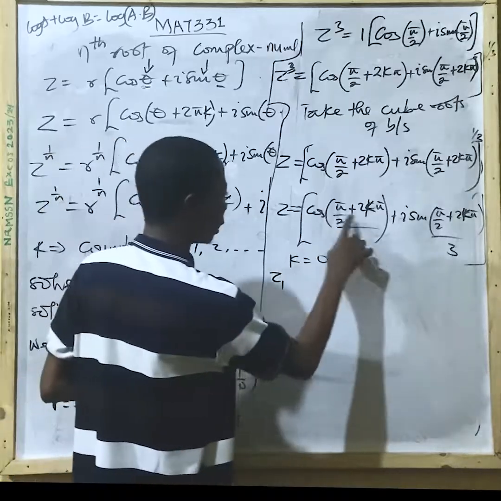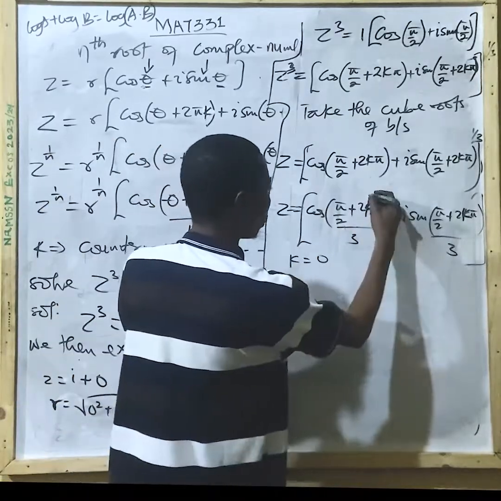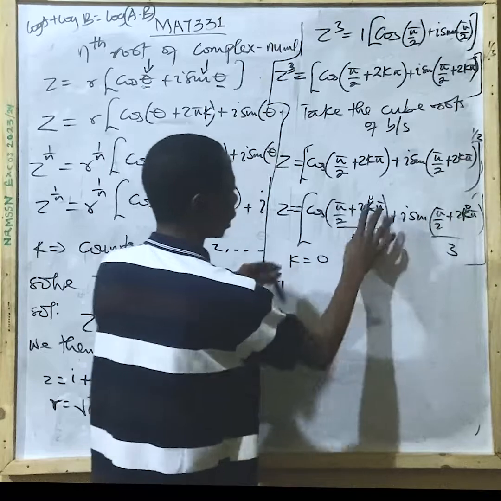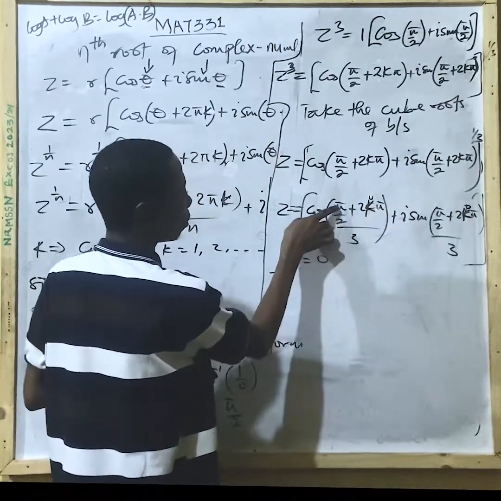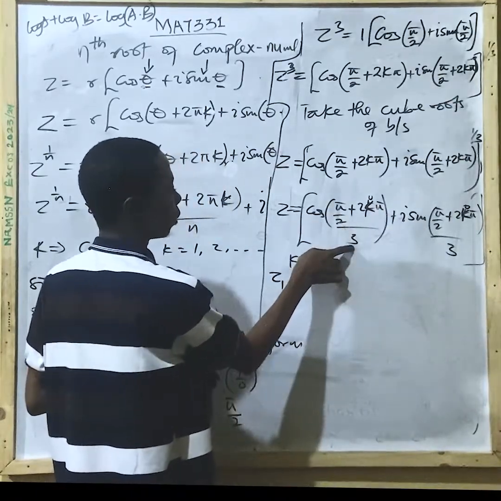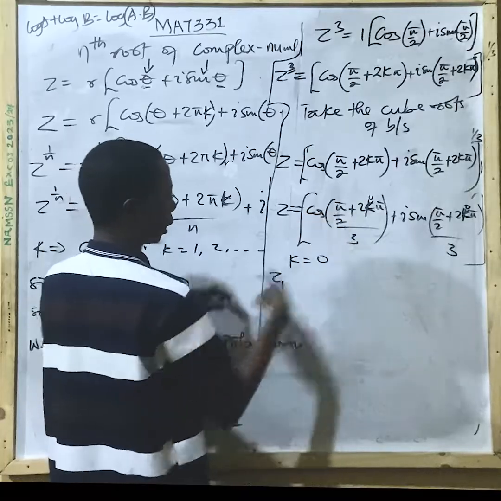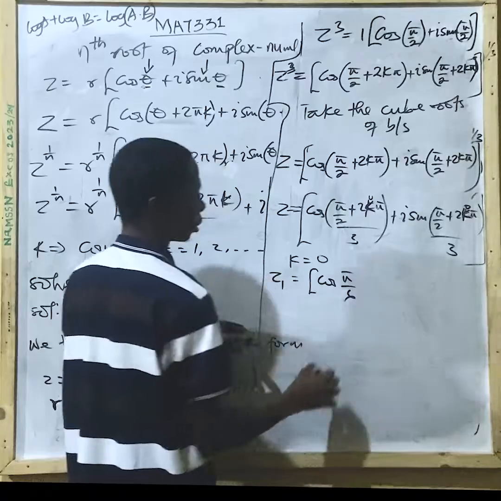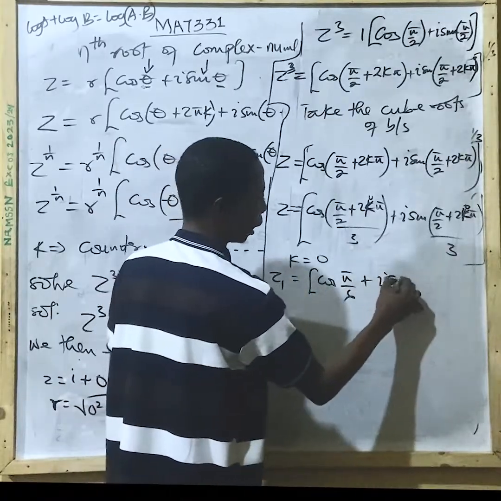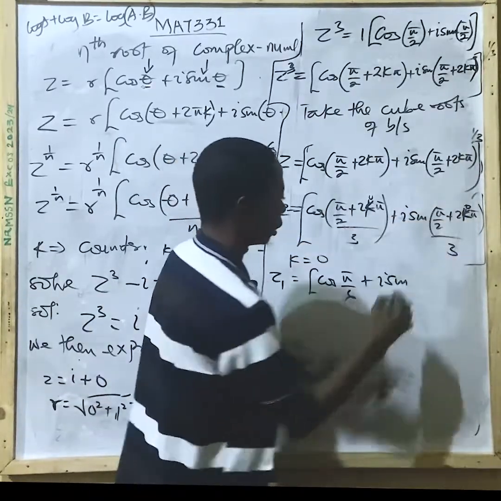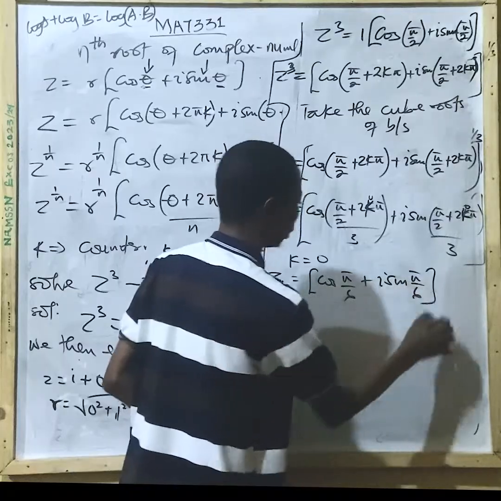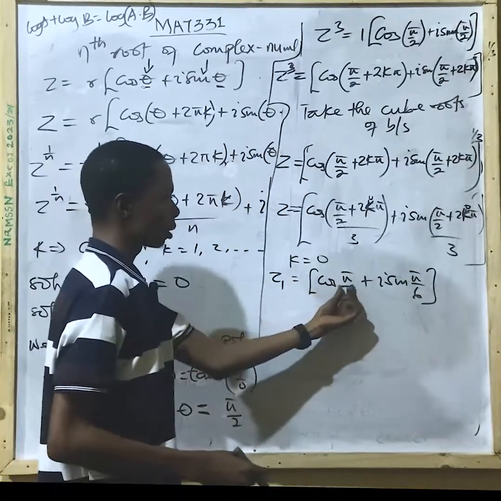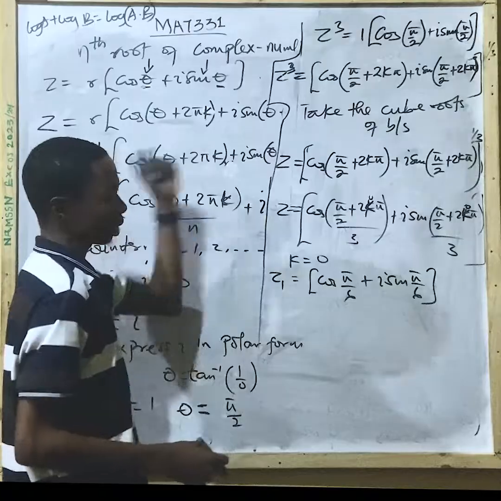If I put 0 here, this side will not be there again, so we are going to have pi over 2 over 3, which is pi over 6. So z equals cos pi over 6 plus i sin pi over 6. So you just press your calculator. What is cos pi over 6? We know that pi over 6 is 30 degrees.